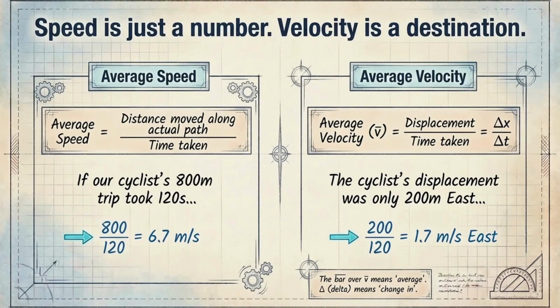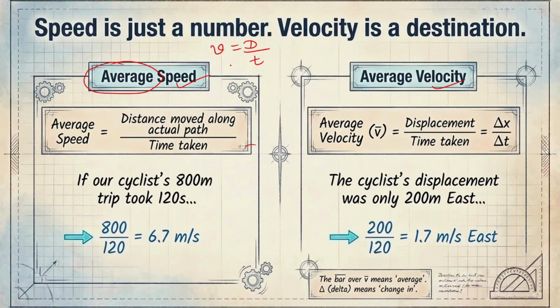Now we move forward and we have to find the average speed and average velocity. For the average, we know the formula for speed: distance moved along the actual path upon time taken. Speed is equal to distance covered by the object upon time taken.